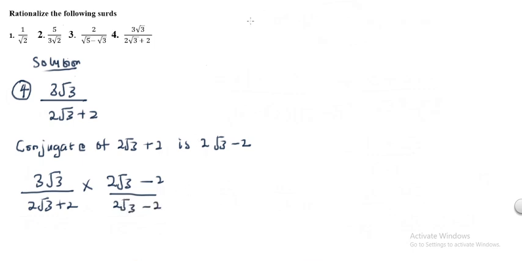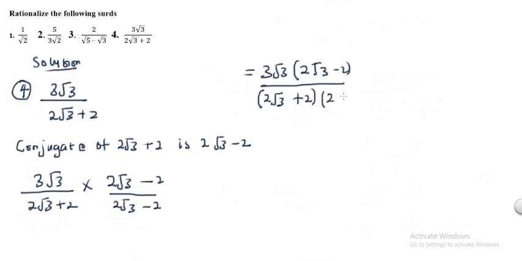So I can come here and say this is equal to 3 root 3 open bracket 2 times root 3 minus 2, divided by, for the denominator, a difference of two squares: 2 root 3 plus 2 times 2 root 3 minus 2.